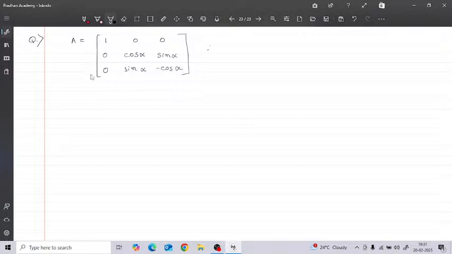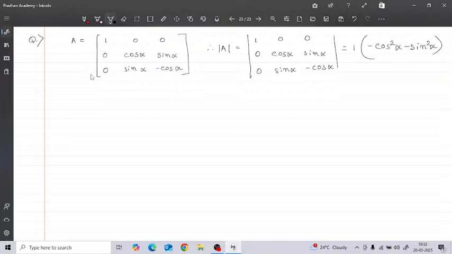So A inverse. The determinant is minus cos square alpha minus sin square alpha, which is minus 1. A inverse exists as my determinant is non-zero.